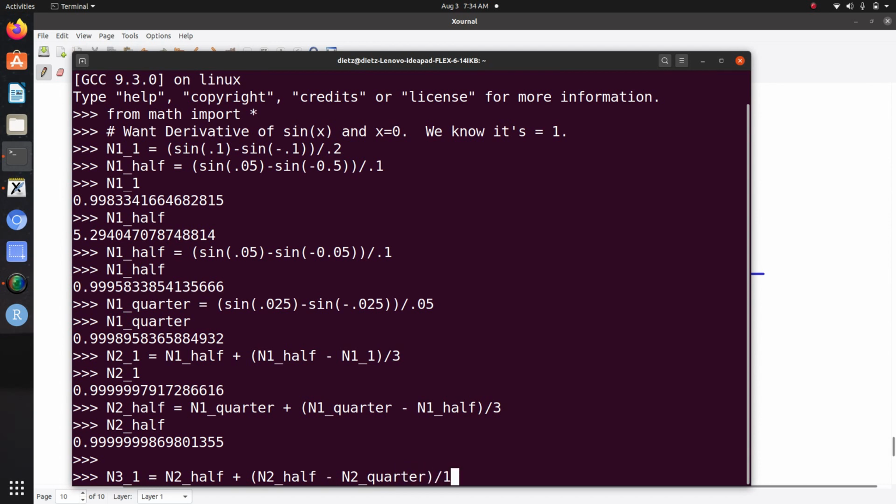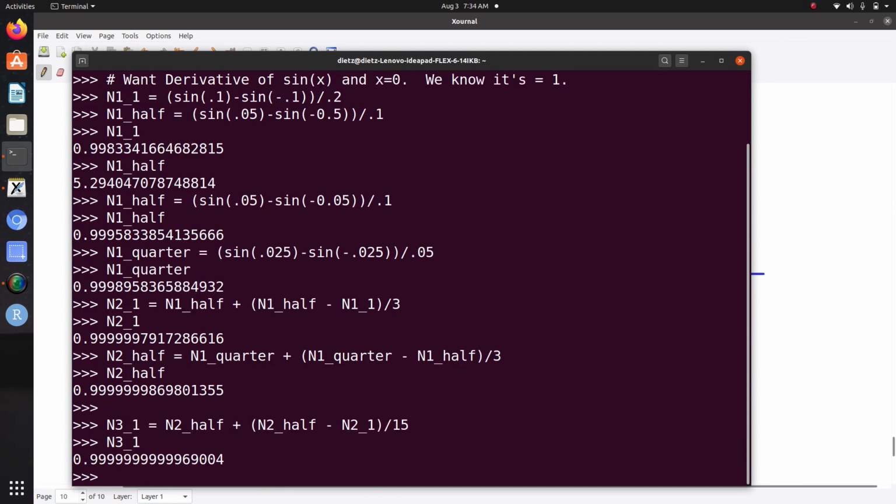But now this turns into a 15. I'm going to just double check that this makes sense, because I use different variables in my notes. Okay, n3 of 1 is n2 half plus n2 half minus n2. There's no such thing as n2 quarter. It was an n2 of 1. Okay, there we go.